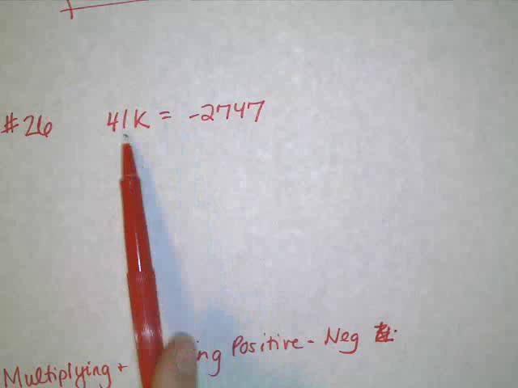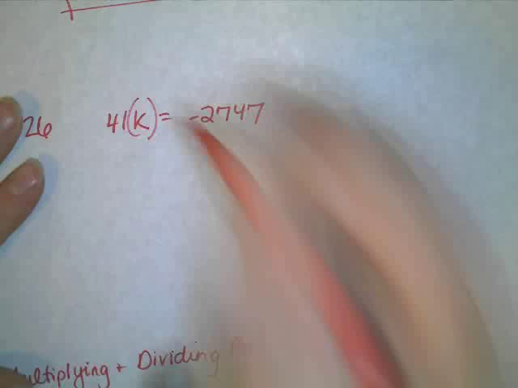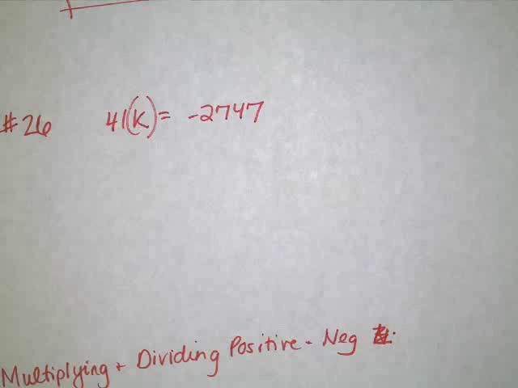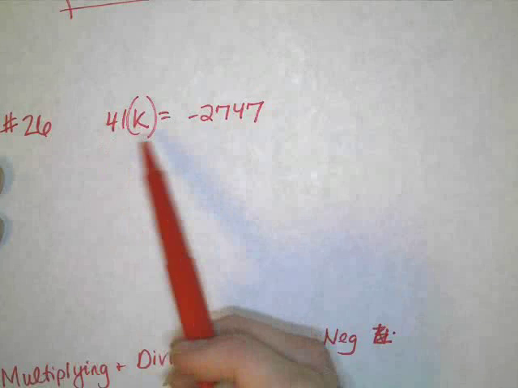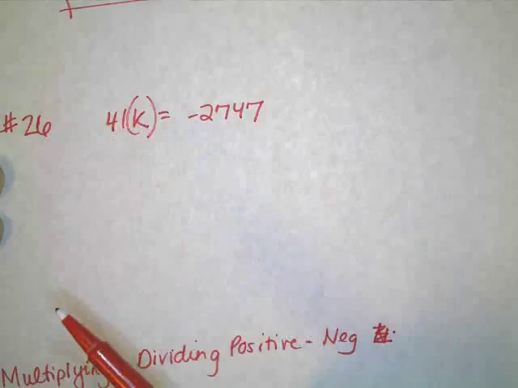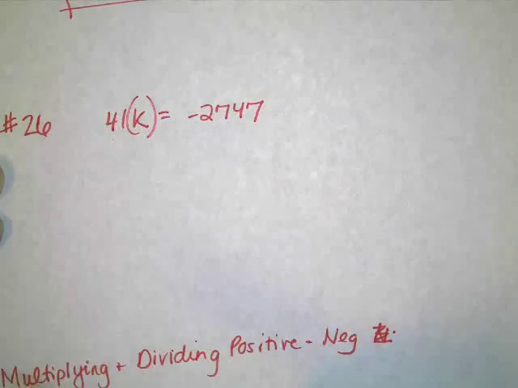We're multiplying. 41K is the same as multiplication, right? Kayla, what should our first step be then? Okay, Kelly told us we're multiplying, right? What's the opposite of multiplication? So what are we dividing now?